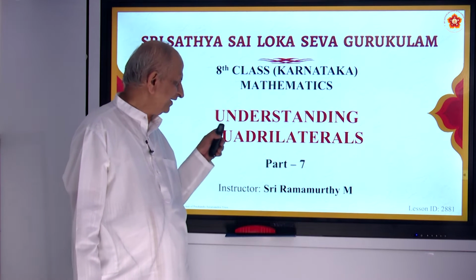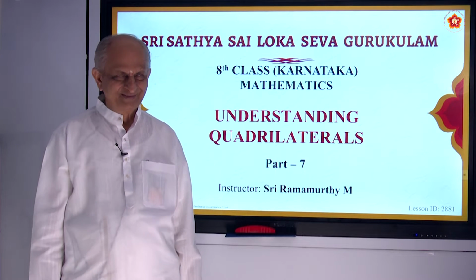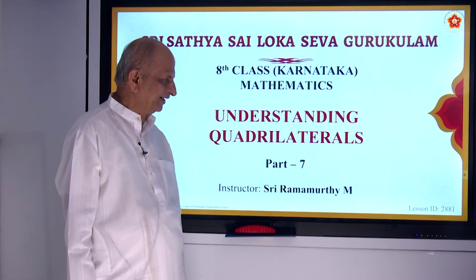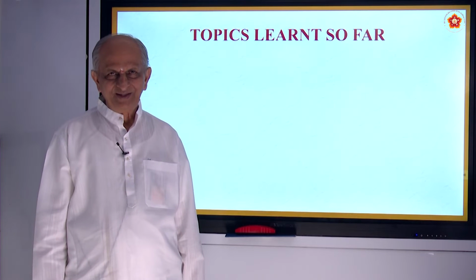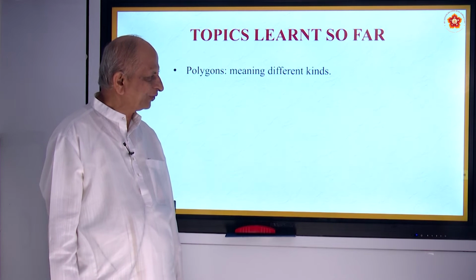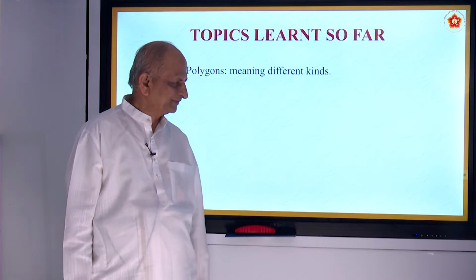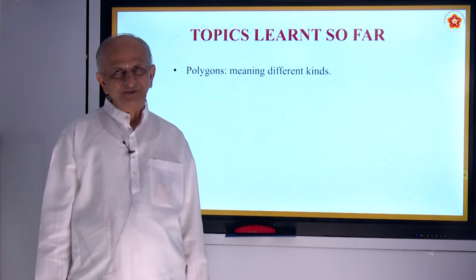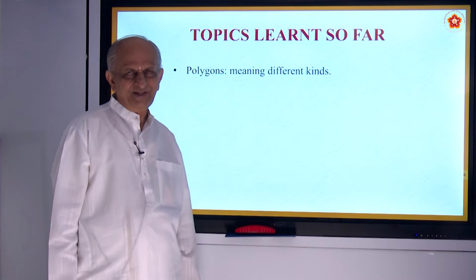So, now we are in the understanding. Understanding what? Understanding quadrilaterals. What are quadrilaterals? They are the plane figures having 4 sides, naturally 4 angles, and they are also called polygons.